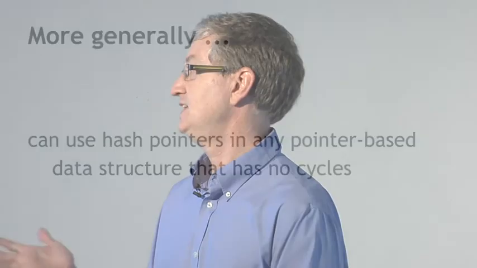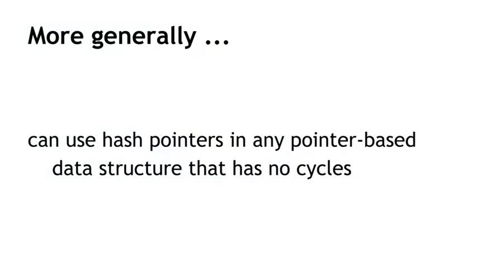More generally, it turns out that we can use hash pointers in any pointer-based data structure, as long as the data structure doesn't have cycles. If there are cycles in the data structure, then we won't be able to make all the hashes match up. If you think about it, in an acyclic data structure, we can sort of start near the leaves or near the things that don't have any pointers coming out of them, compute the hashes of those, and then work our way back sort of toward the beginning.